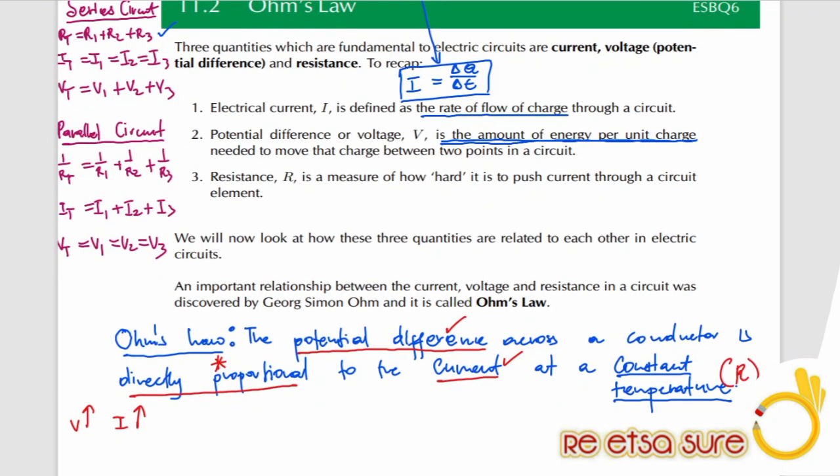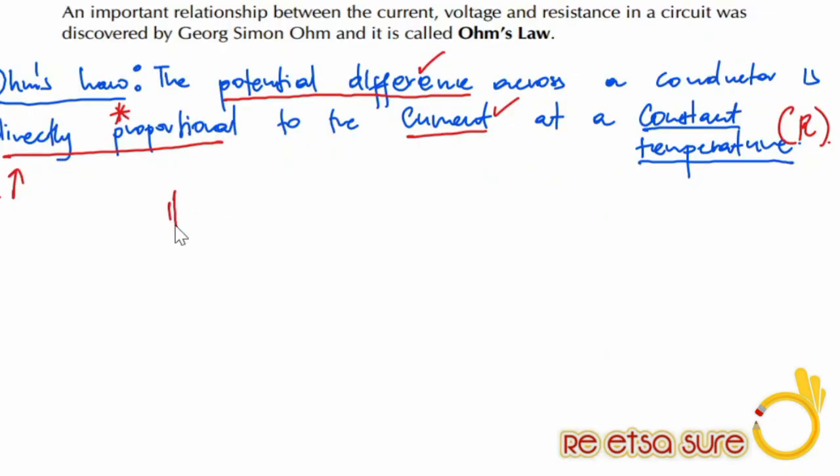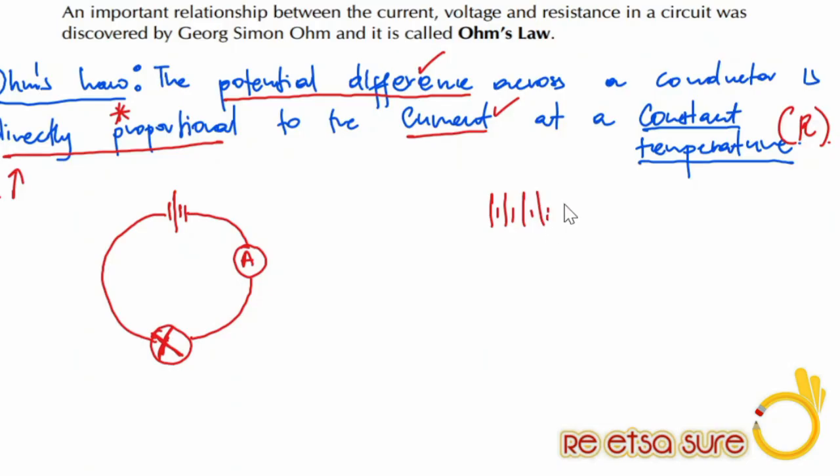So now let me make an example to help you understand what is happening here. I'm having two circuits. I hope you guys are following.